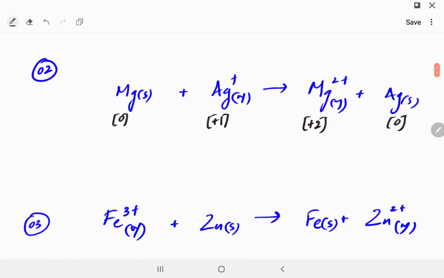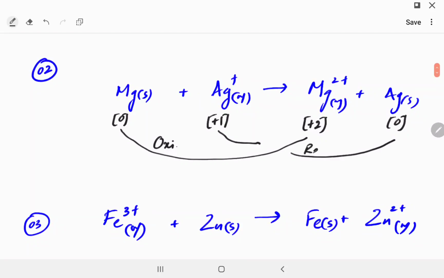And then identify oxidation and reduction. Magnesium going from 0 to plus 2, the oxidation number is increased, so this is oxidation. And for silver, the oxidation number is decreased from plus 1 to 0, so this one is reduction.